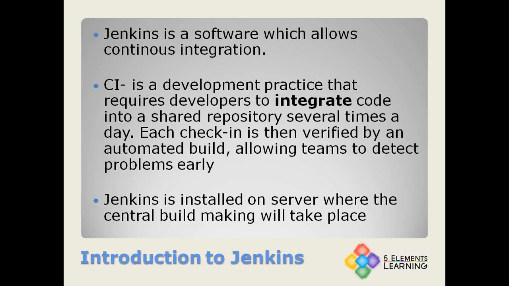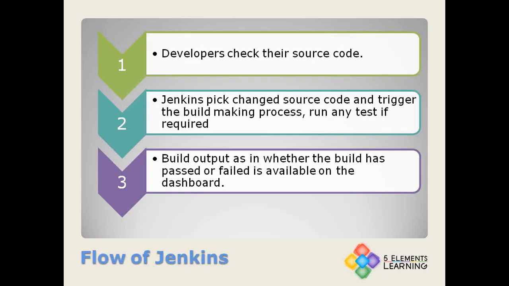To overcome that obstacle, we automated the process of build creation so that the minute the developer has checked in the code, the build will be created and the developer will come to know whether the code they have written has caused the build to fail or not. Now Jenkins is installed on the server where central build making will take place.